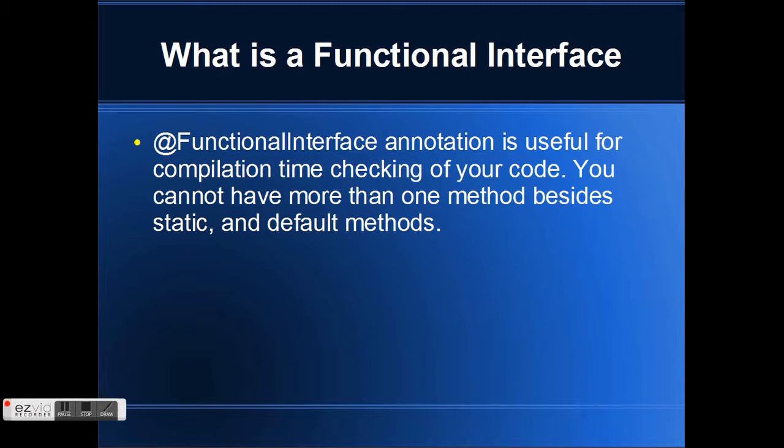Again, a functional interface can only have one abstract method. You can have static and default methods, but you can only have one abstract method. As you know, in Java 8, in an interface, you can implement static and default methods.